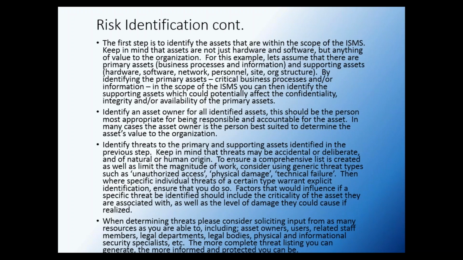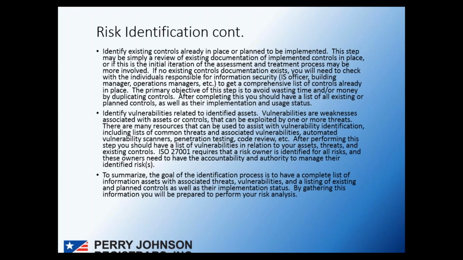The next step is to identify what existing controls are already in place or are planning to be implemented. This step may simply be a review of the existing documentation of implemented controls, or if this is the initial iteration of the assessment and treatment process, there may be more involved. If no existing controls documentation exists, you will need to check with the folks responsible for information security.